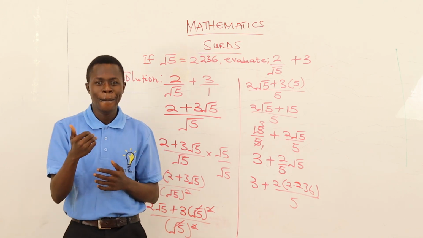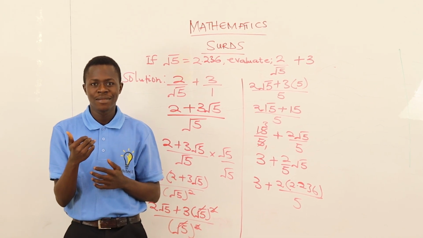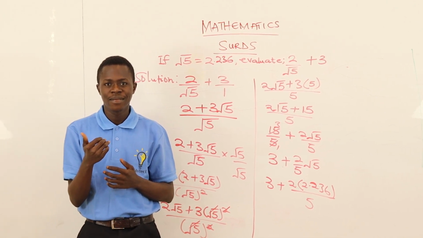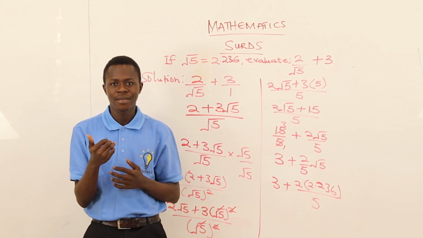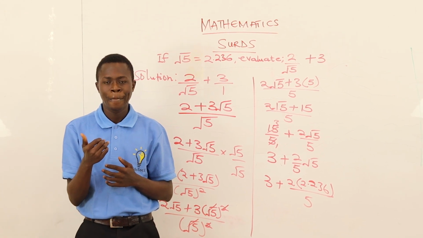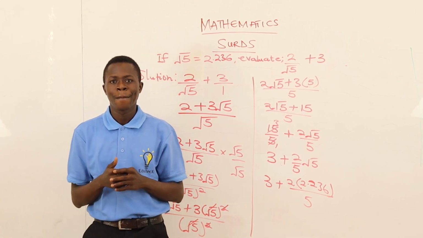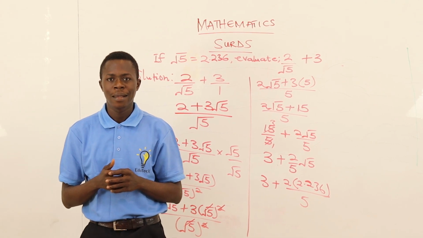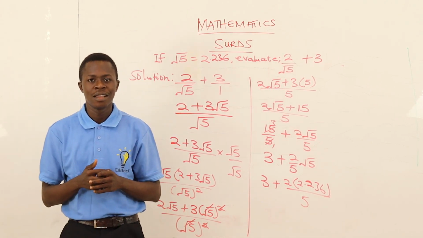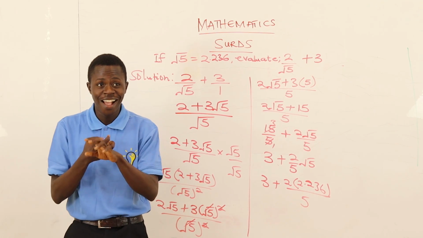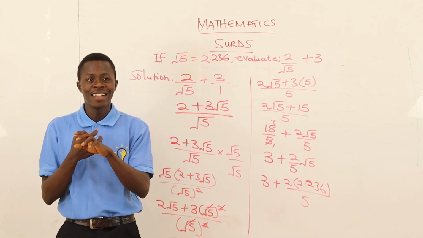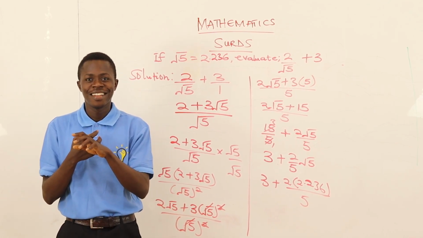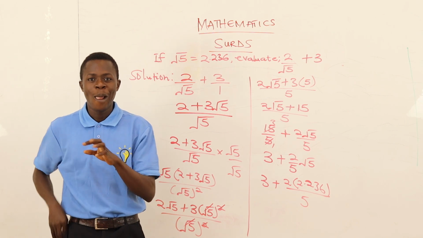You can always use your calculator in circumstances like this, especially when you have decimals of the form that we have on the board. So with an expression like 3 plus 2 multiplied by 2.236 divided by 5, you can solve that with your calculator.